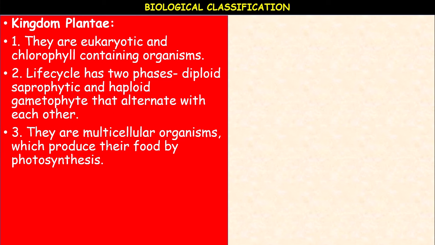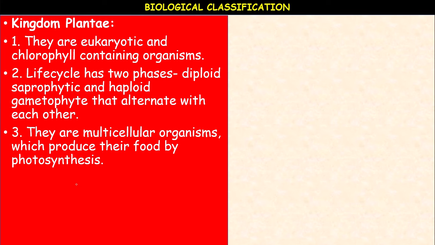Next, plants are multicellular organisms which produce their food by photosynthesis, means autotrophic. These plants are cosmopolitan in distribution, means everywhere they are present throughout the world, and are economically very important as they yield food, fodder, timber, fuel, etc.